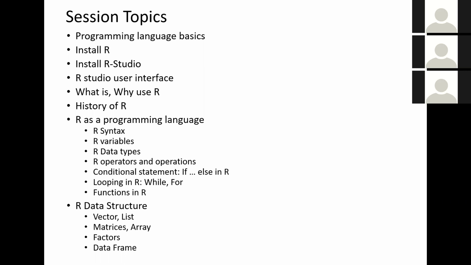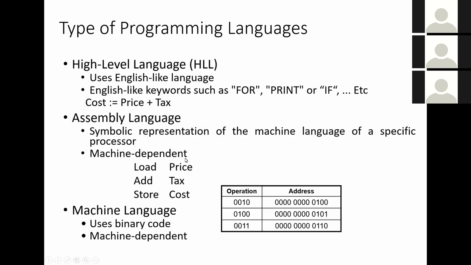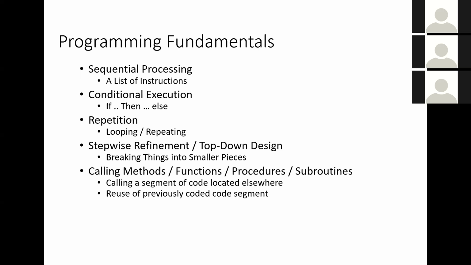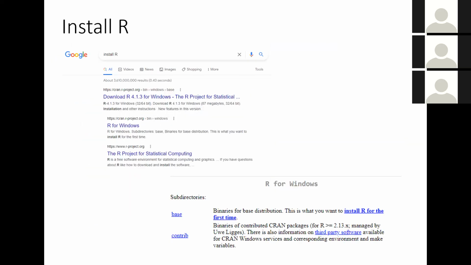For those who have not downloaded the application, I'll quickly go through it, and then I will come back to the slide. If you want to install R, you go to Google simply and type install R. That will give you a link, and from that base link, install R for the first time. If it is Windows, and I assume you are Windows users, you can install R from that source.